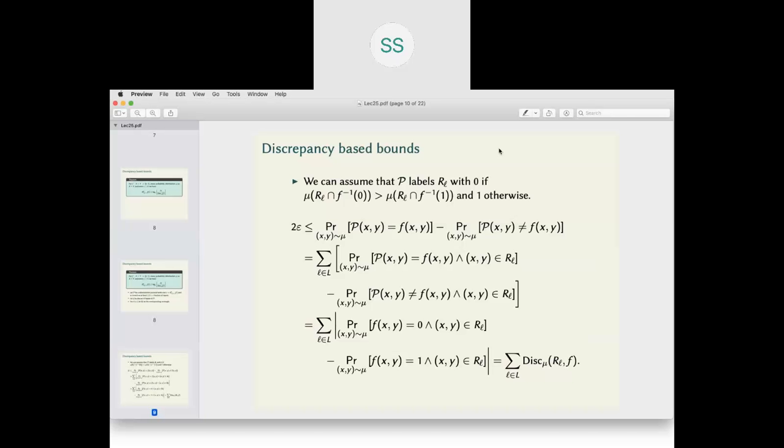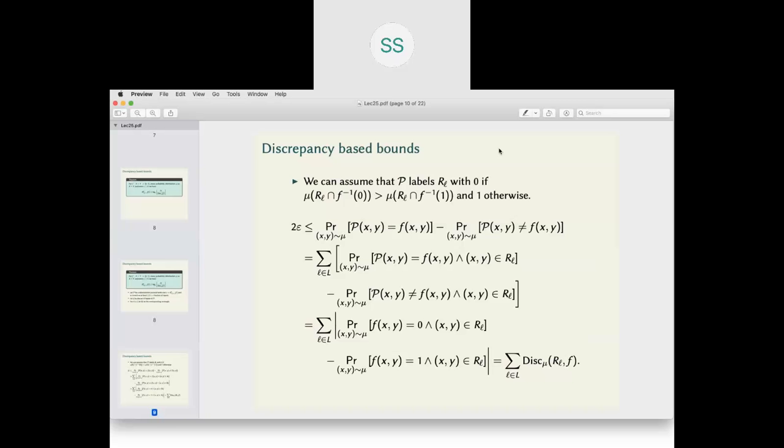Now, suppose the right answer was zero. Sorry. Now, suppose the protocol marked that rectangle as a zero rectangle, right? Once you are restricted to a rectangle, then pxy, the protocol output, will be the same throughout the rectangle.